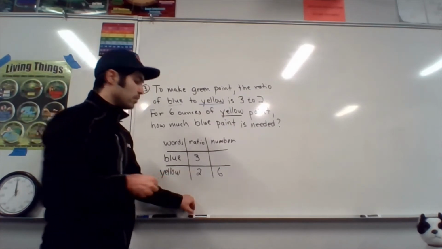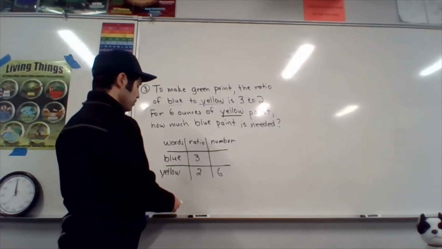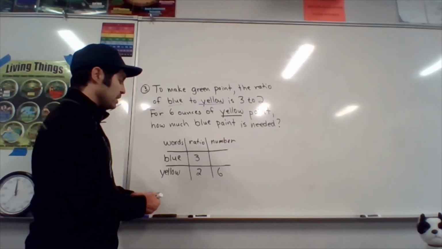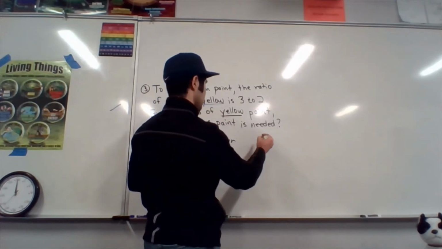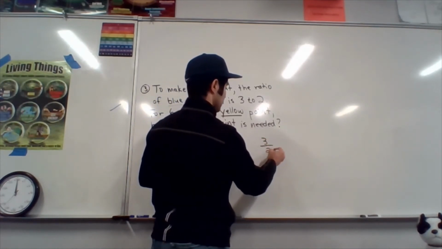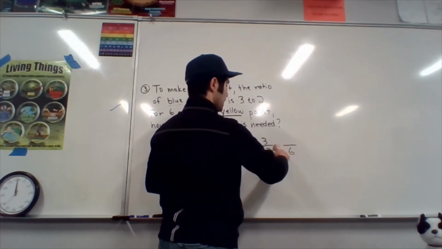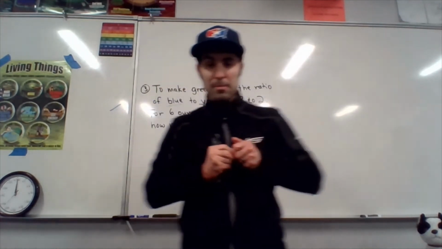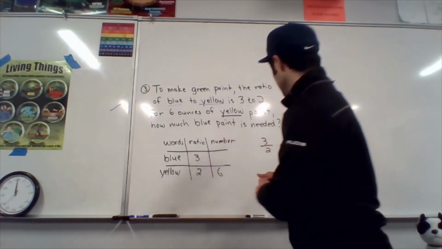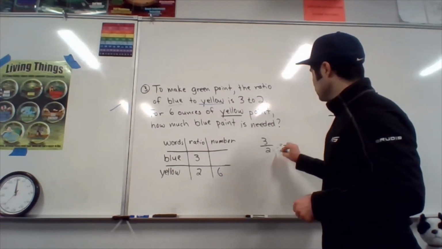So what I'm going to do is I'm going to use a constant. Now, if I had something like a fraction equals 6, a constant, that's basically our middle step that we've been talking about all year. You ask yourself, 2 times what number is 6? Well, 2 times 3 is 6.